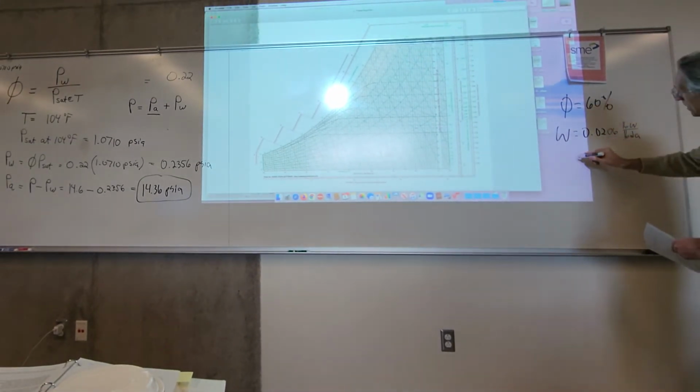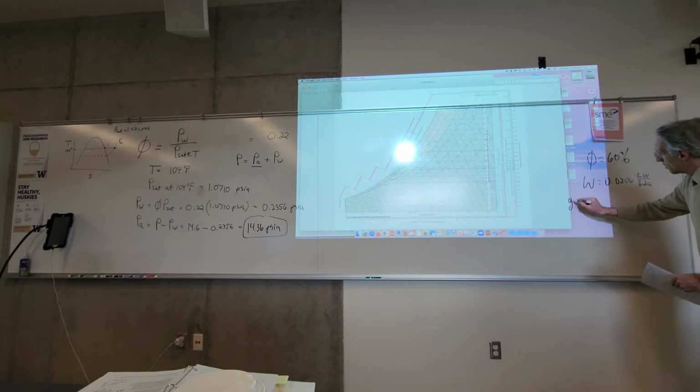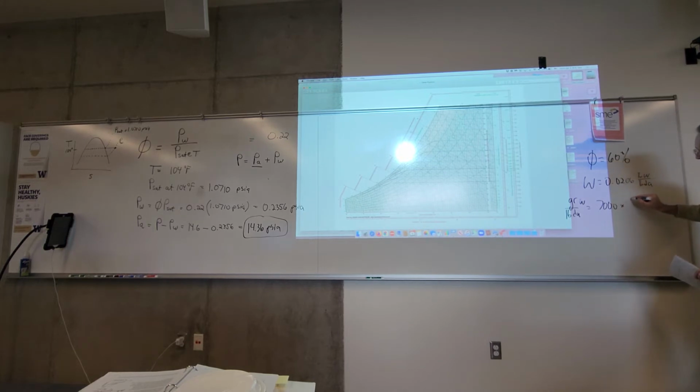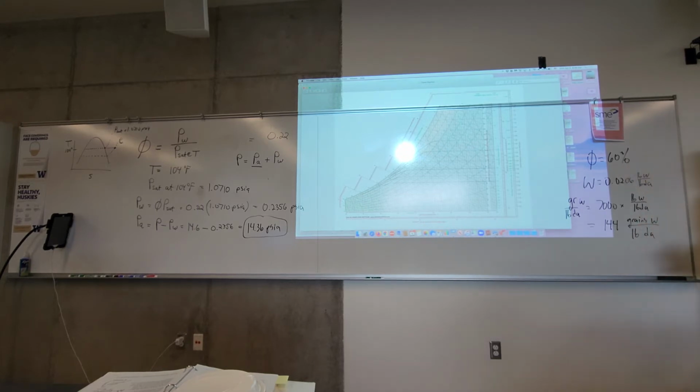But to get to the grains, 1 pound equals 7,000 grains is the conversion. So we multiply 7,000 times 0.0206, we get 144 grains of water per pound of dry air, okay?